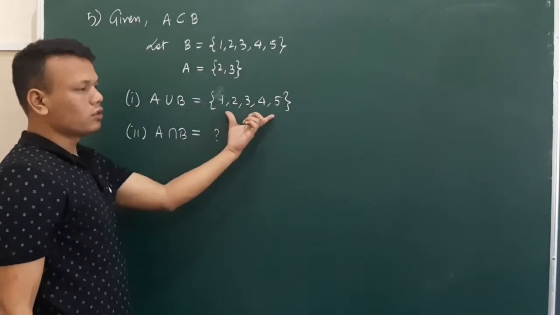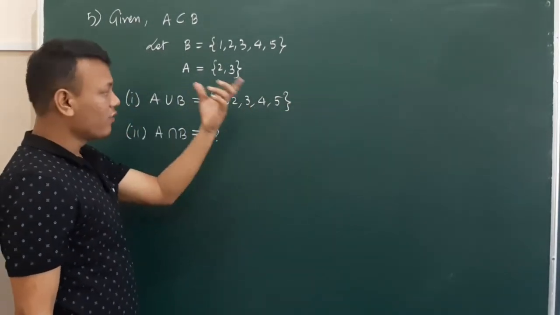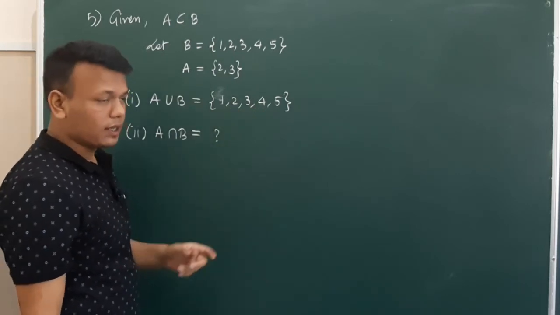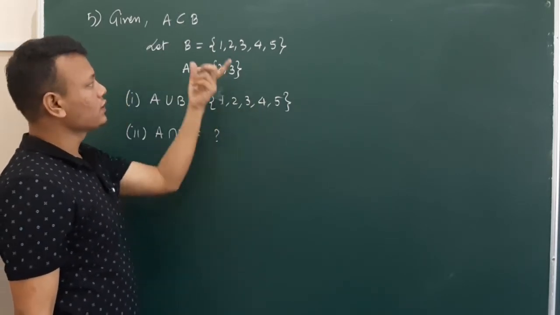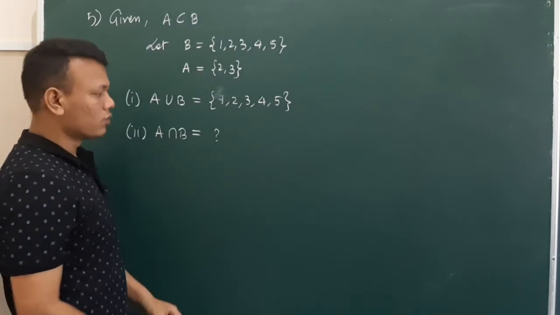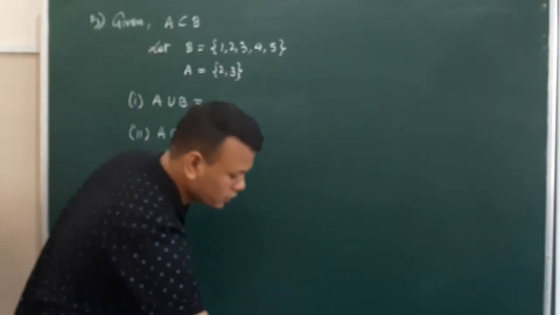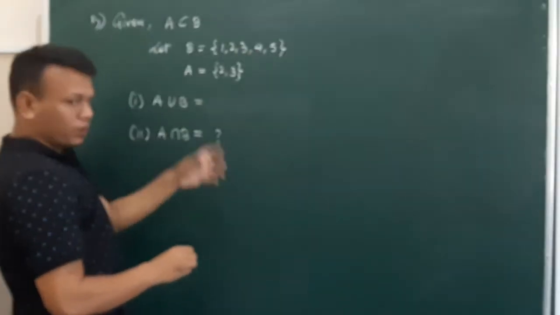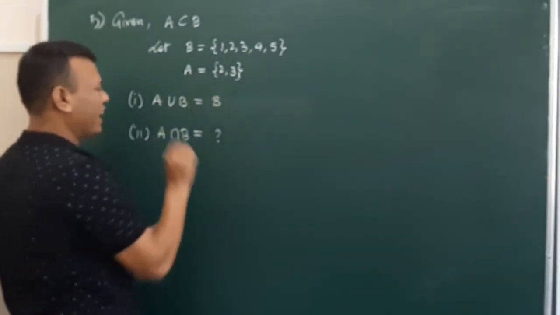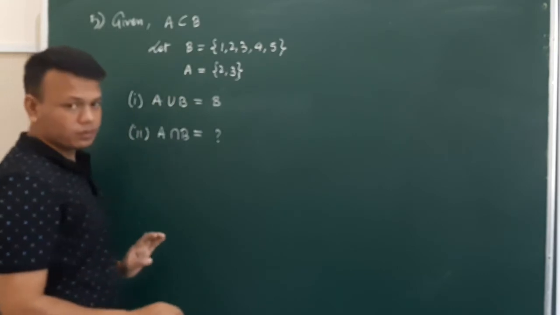Now initially in the question this set is not given, we have taken this for our reference, right? What is this set? This set is actually set B, isn't it? So according to the question, what we need to show is that A union B will always be equal to B if A is a subset of B.